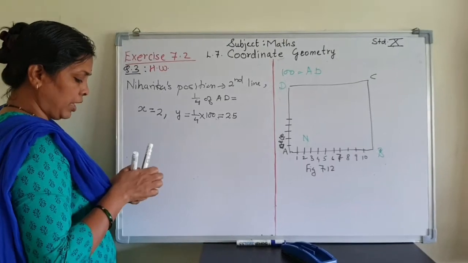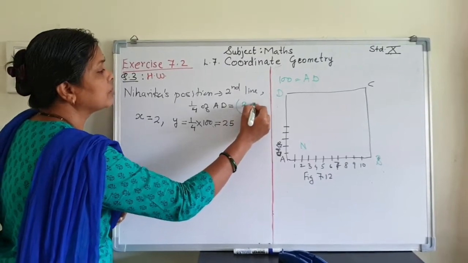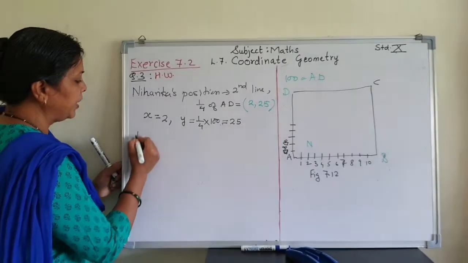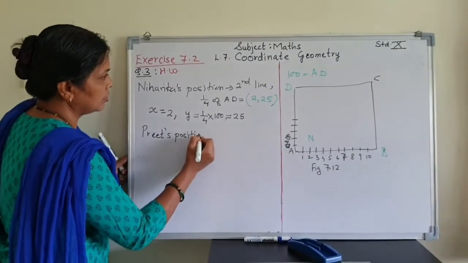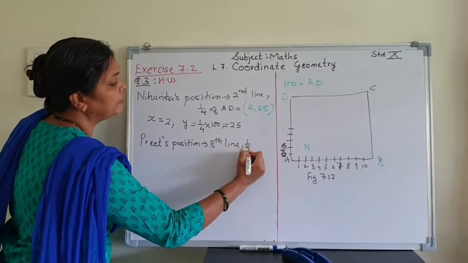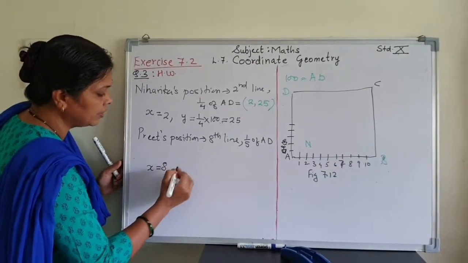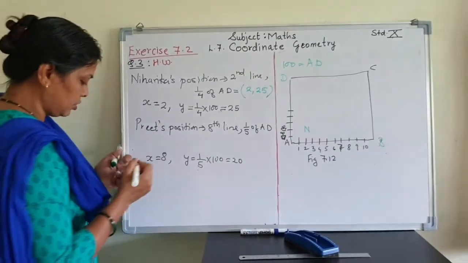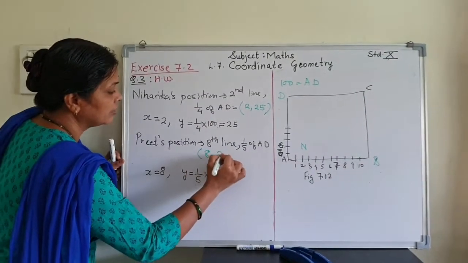This is how you can find Niharika's position in coordinate form, that is 2 comma 25. Similarly, they have given Preet's position: the 8th line and 1/5 of AD. The x coordinate is 8, and y will be 1/5 of 100, that is 20. So Preet's position in coordinate form will be 8, 20.